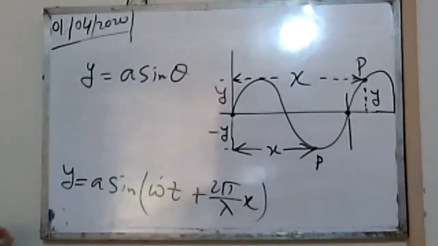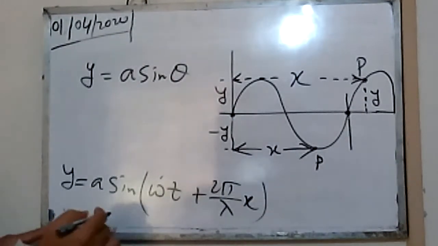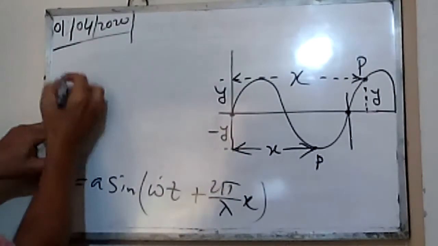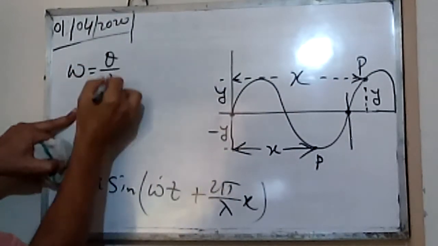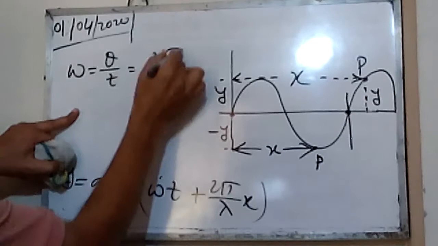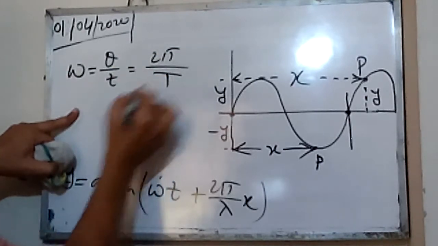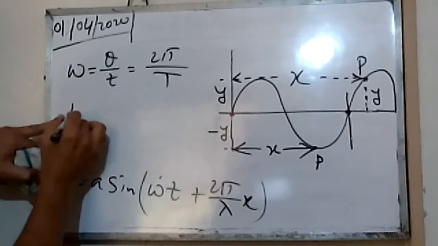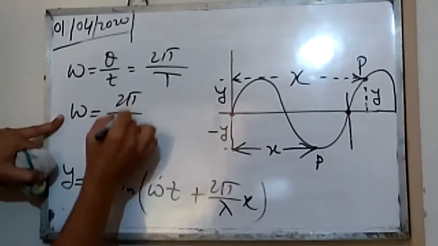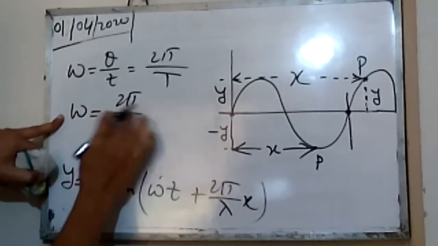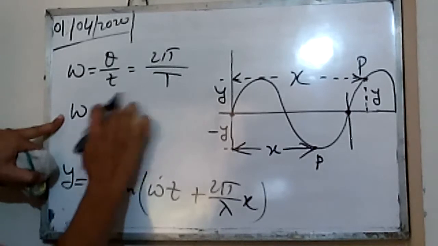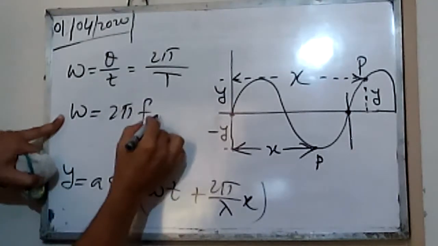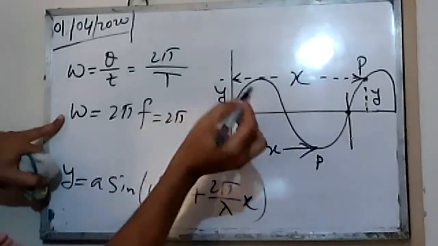Omega equal to theta by t, or 2 pi by t. Omega equal to 2 pi times 1 by t, and 1 by t means frequency f, so omega equals 2 pi f.